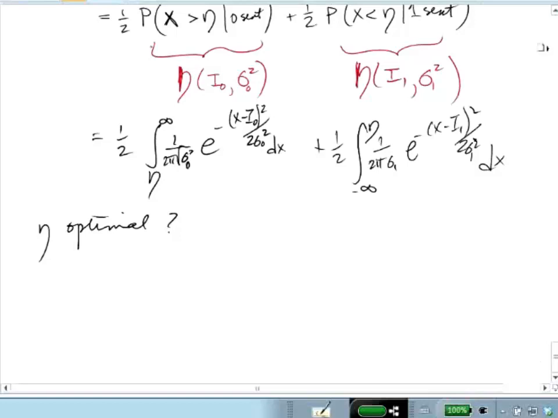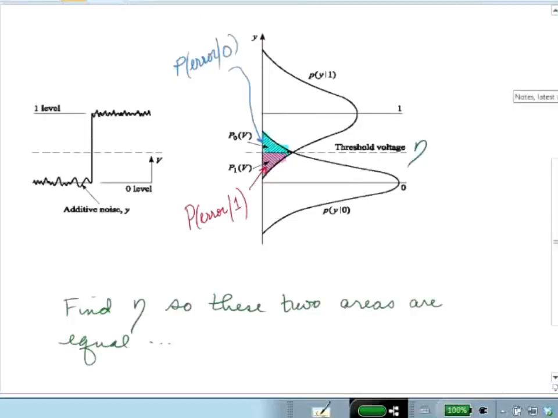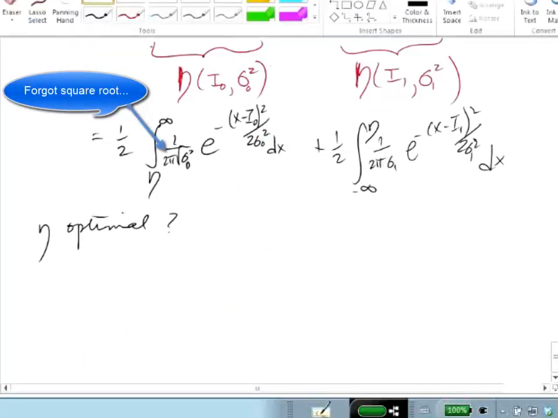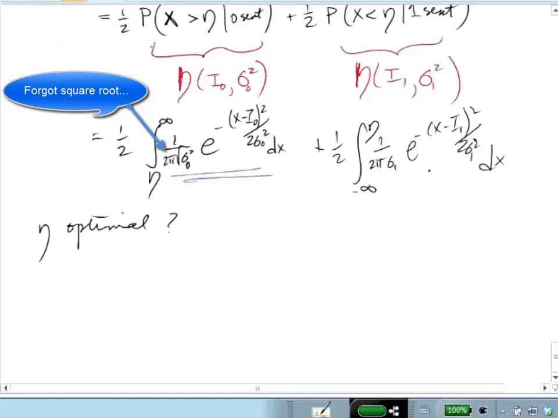So let's look back at our graphic here. We have equal probabilities if we find the intersection of these two probabilities. So if I want to find the intersection of them, I look at the probability density functions, which are written in here, and I try to put them equal. So I'm saying the optimal occurs when they coincide.